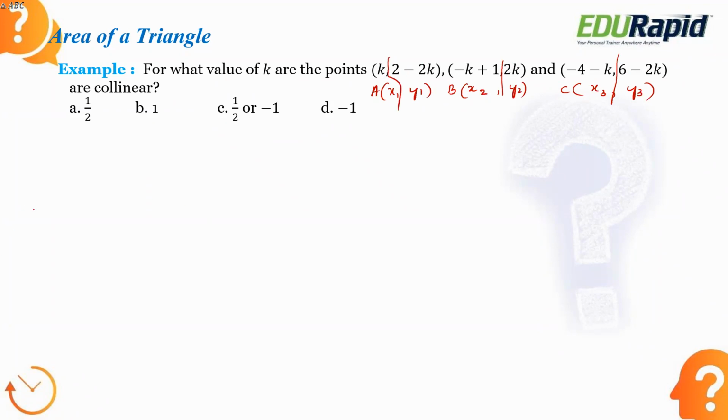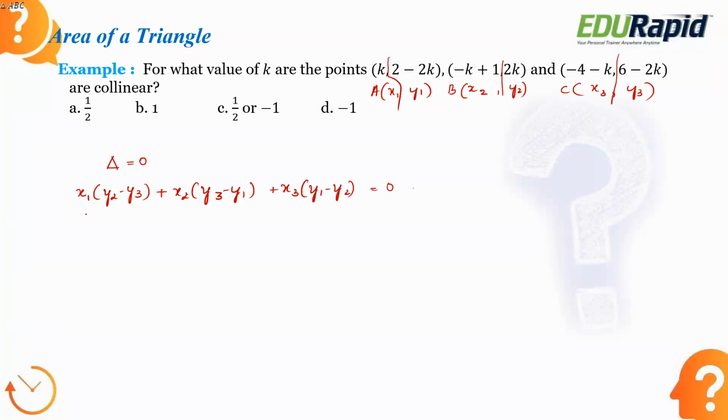What do we do now? You already know for the triangle, because there are 3 points, for them to be collinear, the area should be equal to 0. What's the formula to find the area now? You know that's x1 (y2 minus y3) plus x2 (y3 minus y1) plus x3 (y1 minus y2) is equal to 0.